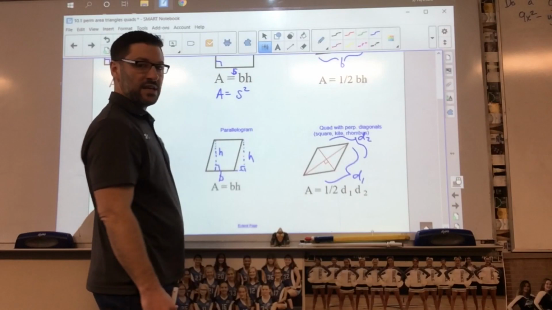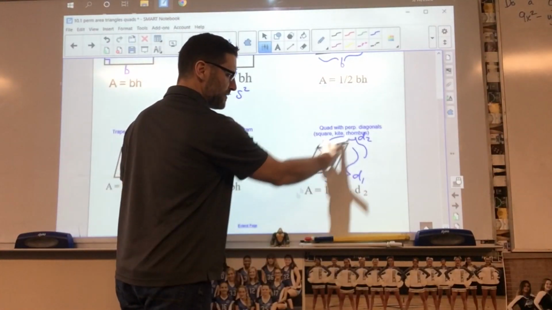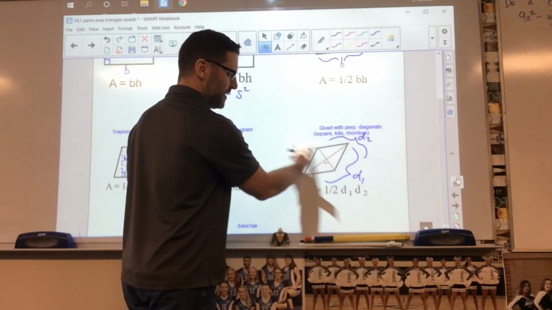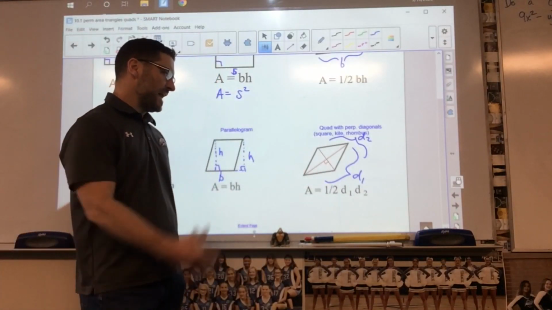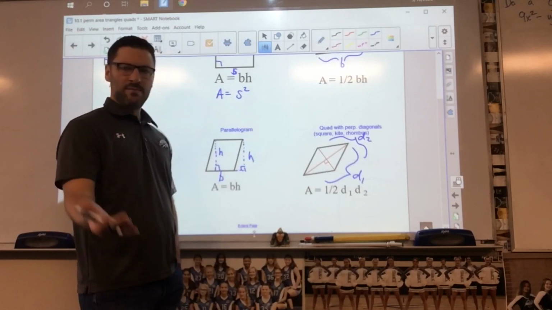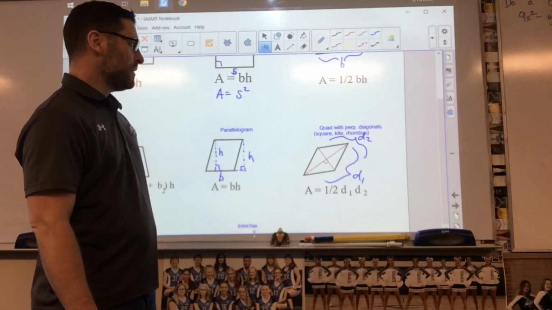And when it has perpendicular diagonals, what you do is you take half the total length of that diagonal times the total length of the other diagonal. The one this would work for would be like a kite. Some rhombuses are this way, squares. This formula actually works for a square also.